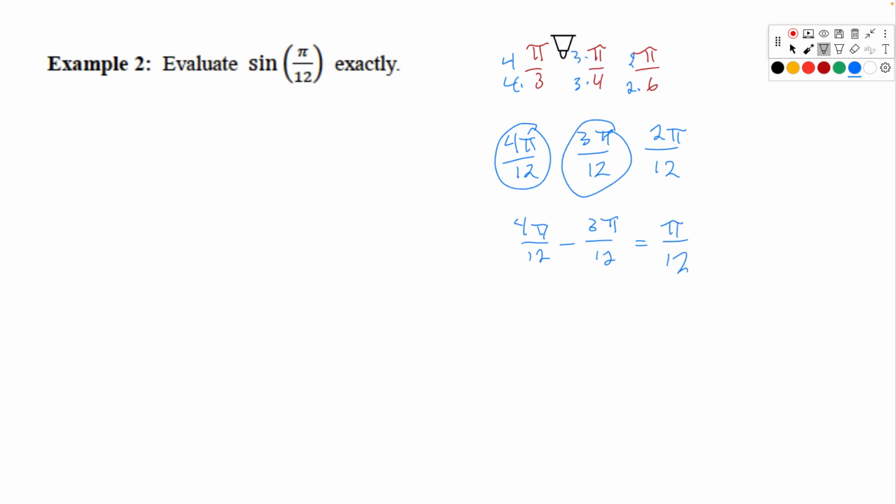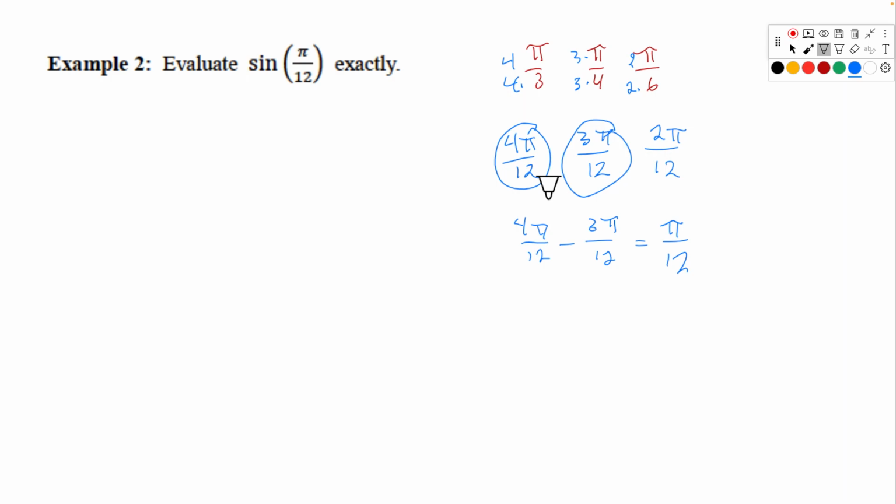So these two work, so we're going to use pi over 3 minus pi over 4. Did I get that right? Yeah. Oh, yeah. I was thinking pi over 3 comes first, but pi over 3 is up here. It's the bigger angle. I had them backwards in my mind.